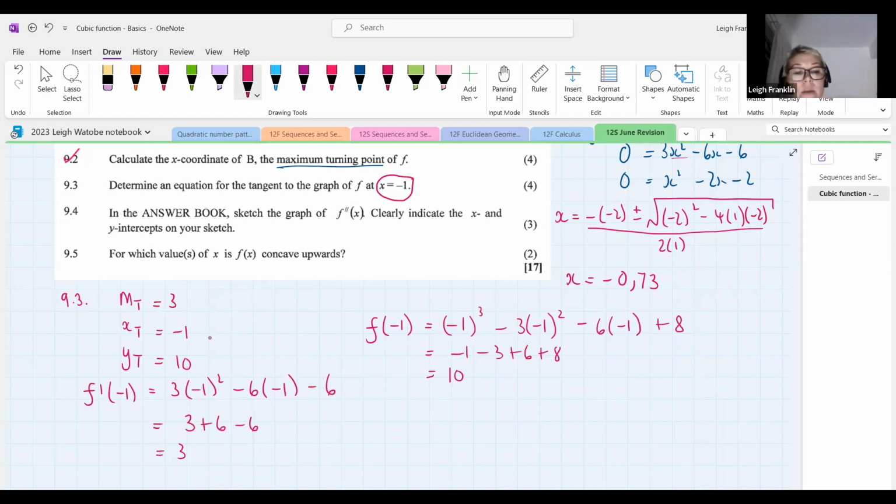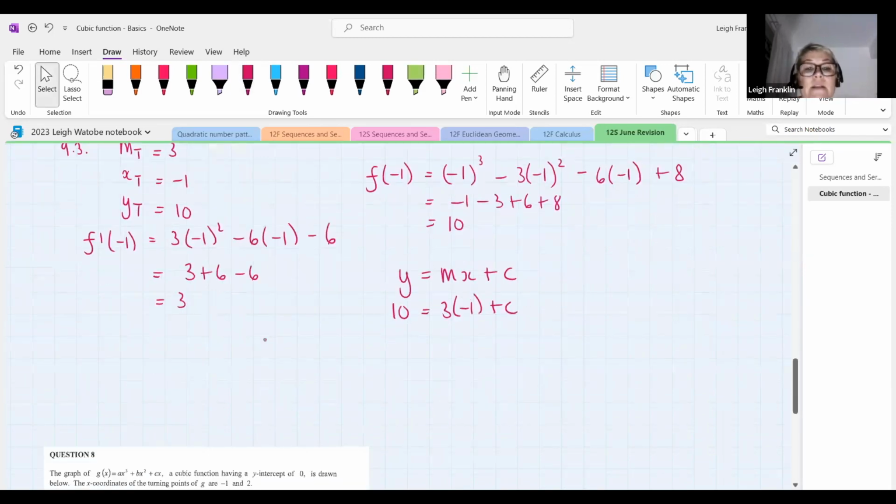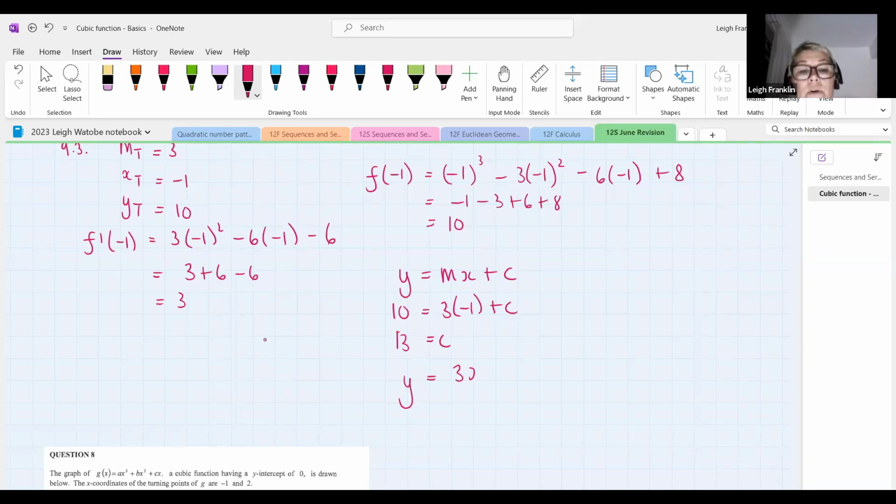Okay, so subbing into y equals mx plus c, the equation of a tangent, y is 10 when the gradient is 3, when x is equal to negative 1. So that means that c would be equal to 13. So the tangent would be y equals 3x plus 13. I hope I didn't do that too quickly. Are there any questions before we say goodbye?